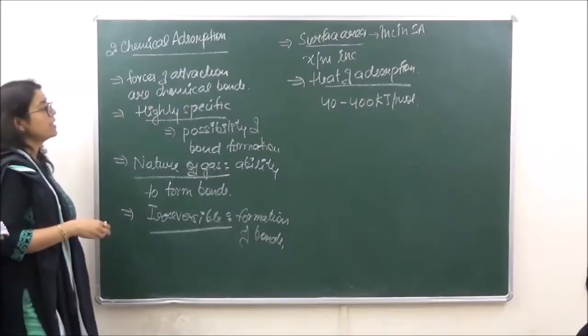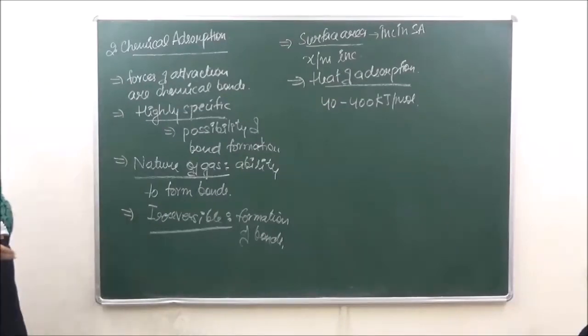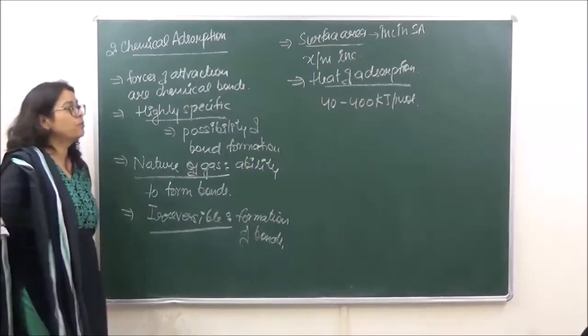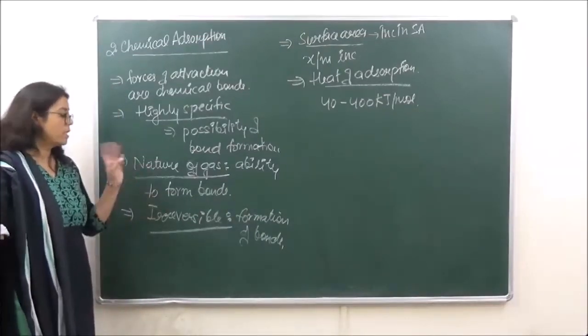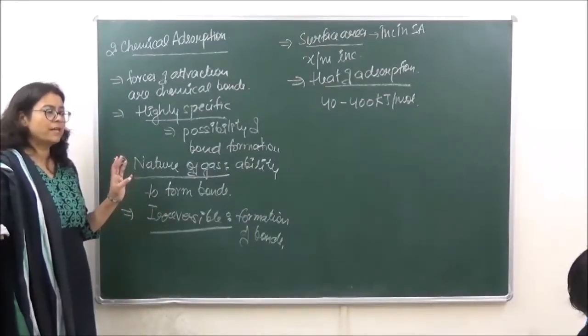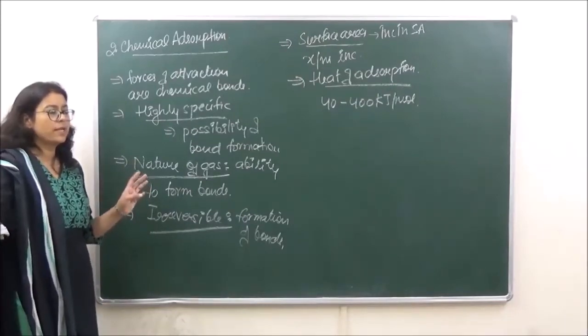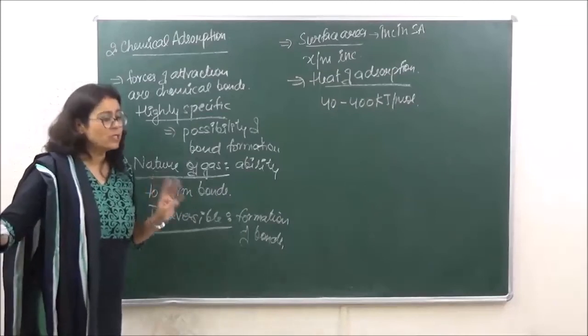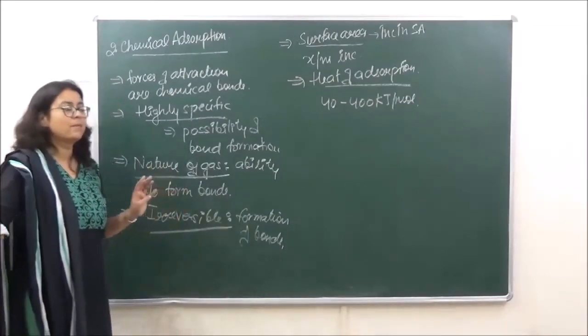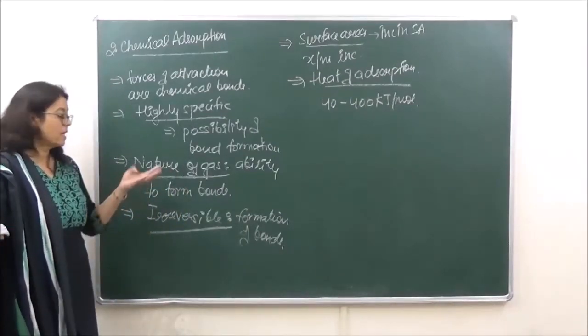Okay? Now we have written down the characteristics of both physical and chemical adsorption. Can you write down the points of difference between the two in tabular form? Physical adsorption has weak van der Waals forces of attraction, whereas in chemical adsorption there are chemical bonds. Number 2, physical adsorption is non-specific in nature, whereas chemical adsorption is highly specific.